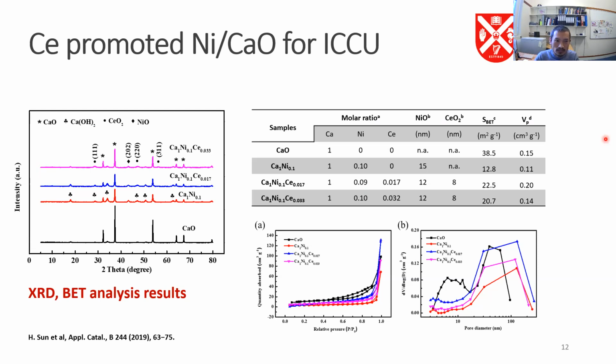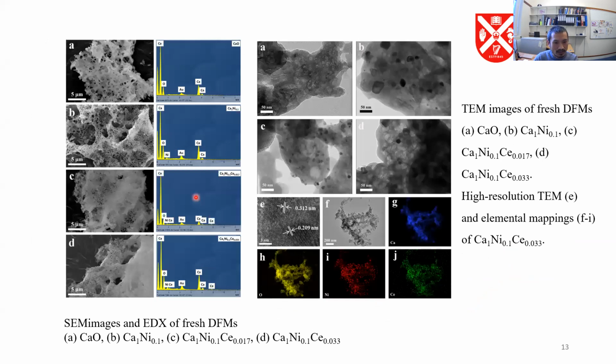So in this specific example, we have a few samples of dual functional materials. We have calcium oxide, nickel loaded on calcium oxide, and cerium promoted nickel calcium oxide. We did some routine analysis regarding the pore size distribution and the XRD analysis.